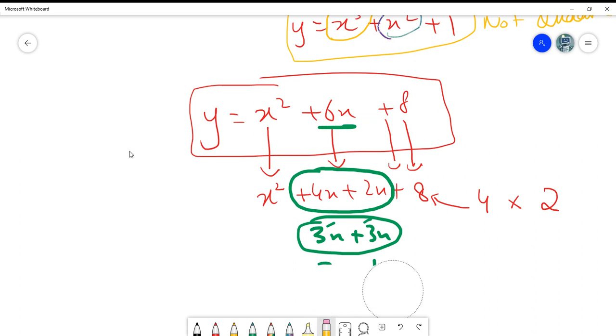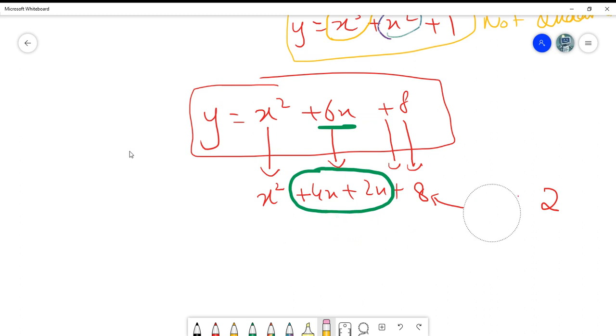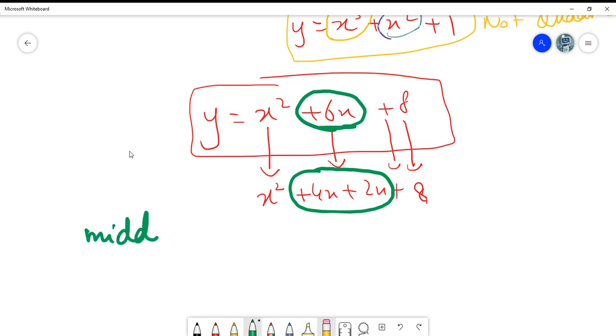So let's establish a rule. Factorizing a quadratic equation requires you to break the middle term. The middle term is, as the term suggests, the one in the middle.